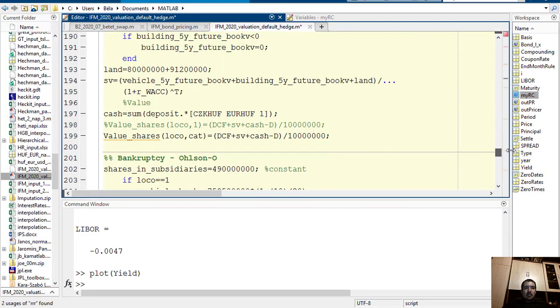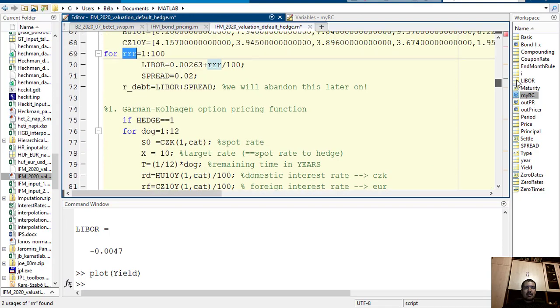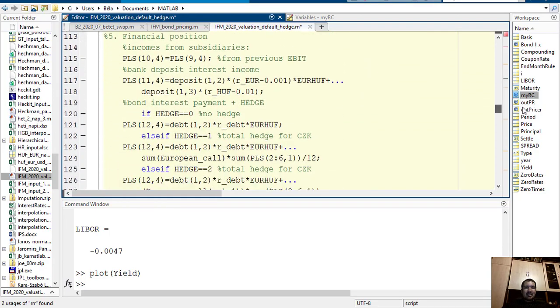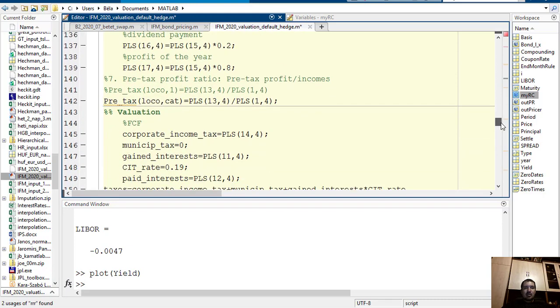Okay, so we have to add some new dimensions to the data. We already have local and cat. Maybe we should turn off one of them.